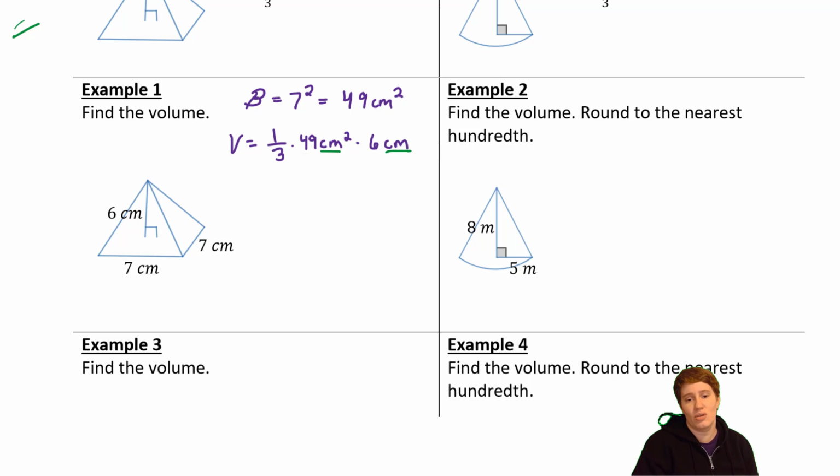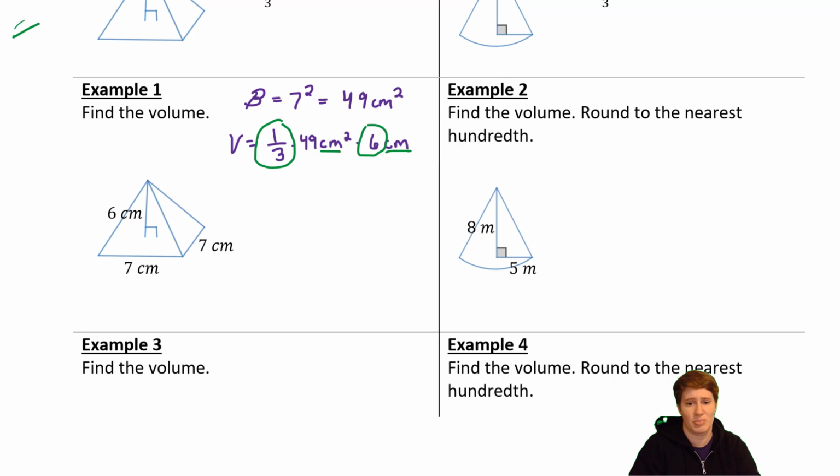So we basically need to do 1/3 times 49 times 6, or another way to think of that is 49 times 6 divided by 3, or in this one we also could say 1/3 times 6 simplifies, and then that simplified times 49 would give us our answer. It's not going to happen on every single problem that we can use this kind of shortcut, but if you notice that one of these two numbers is divisible by 3, you can do that first.